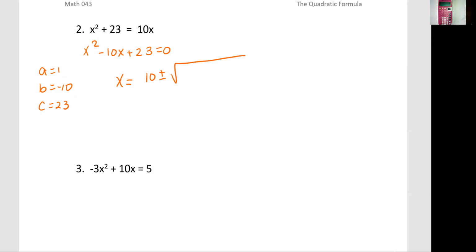B squared is -10 times -10, which is 100, minus 4ac over 2a. Let's calculate the discriminant. 100 minus 4 times 1 times 23. And we get 8. 10 plus or minus the square root of 8 divided by 2.